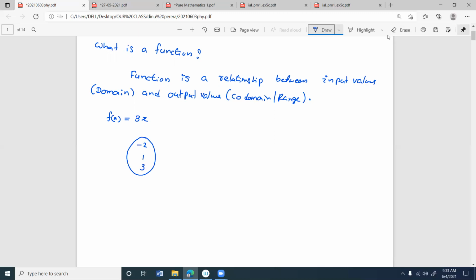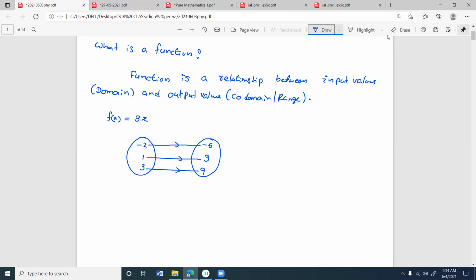These are the input values available. Then what would be the output values? If you put -2, the answer is -6. If I put 1, it's 3. If I put 3, it's 9. So you can find the relationship between these two. That is the simple idea about a function.